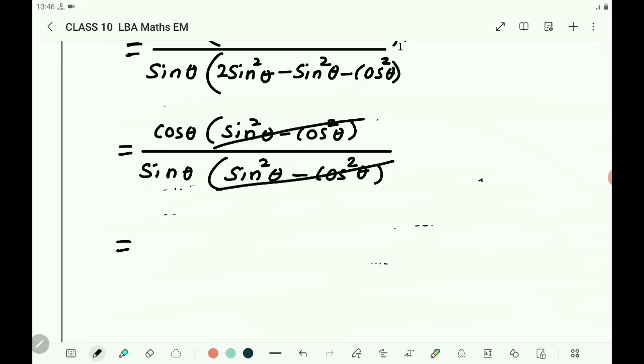Sin square theta minus cos square theta in the numerator and denominator cancels. Cos by sin is cot theta, which is equals to RHS.